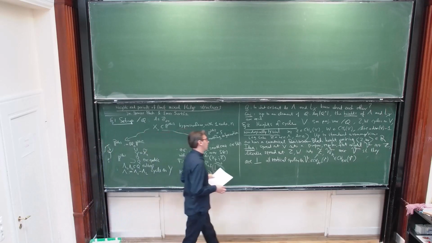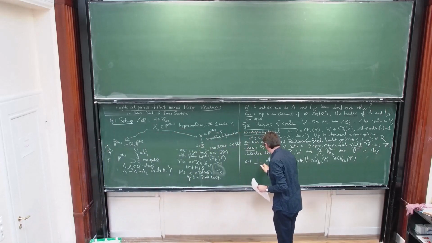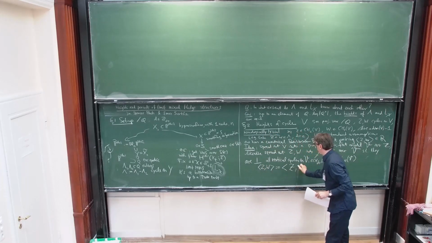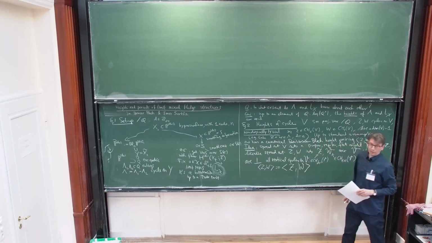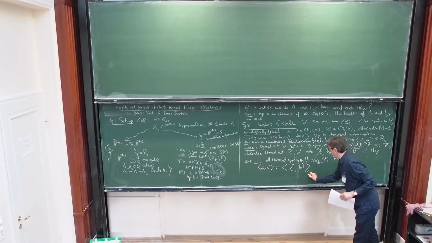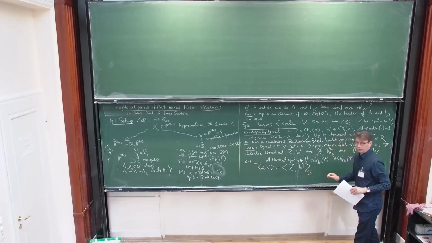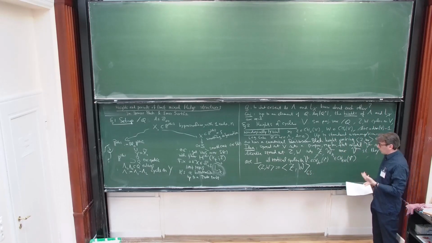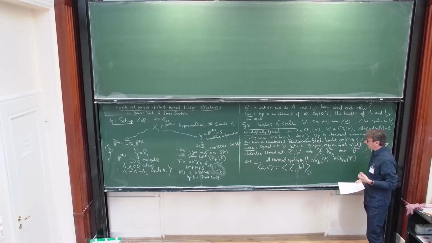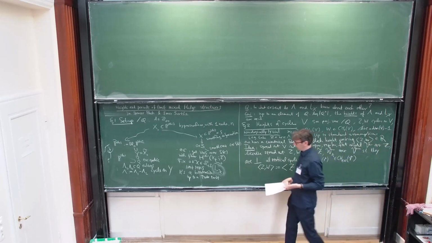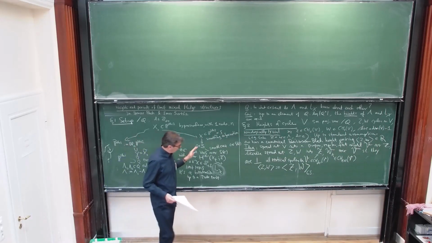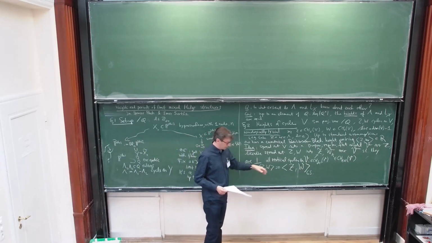And once you have these extensions, you put the height pairing to be defined by the intersection of these arithmetic cycles, but in the sense of Gillet and Soulé. So this is arithmetic intersection theory. And no further data of the generic fiber or some Green's currents or whatever, no further choices of data is needed. If you have this setup, you have this number.